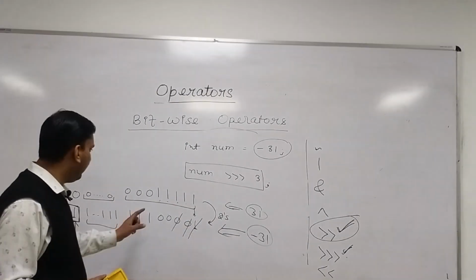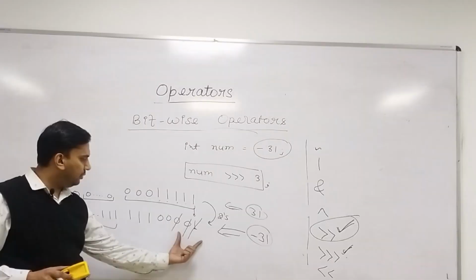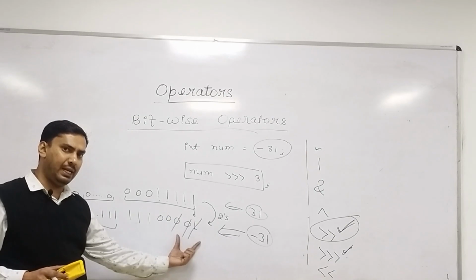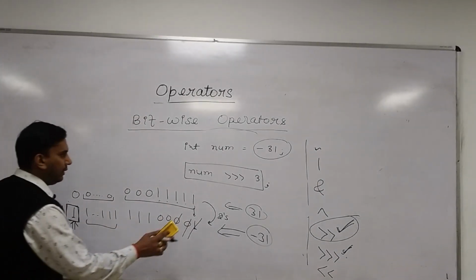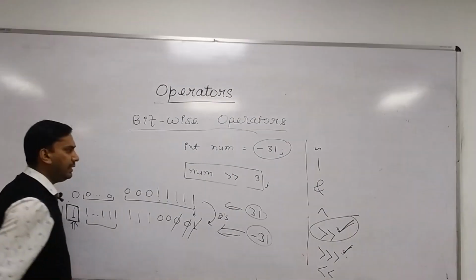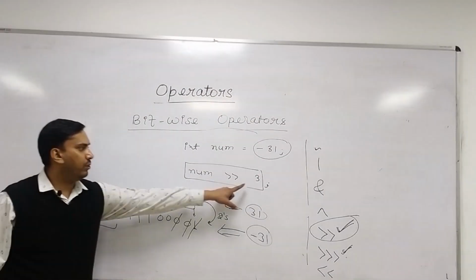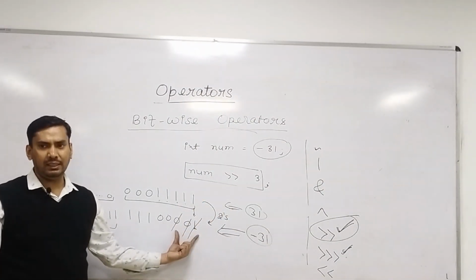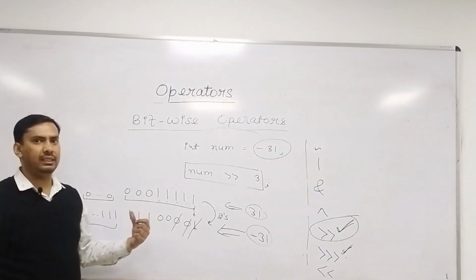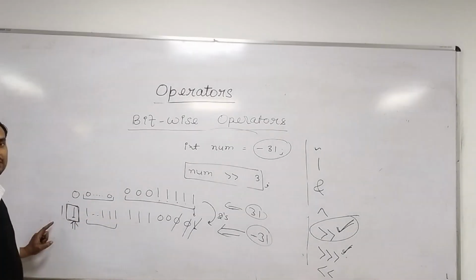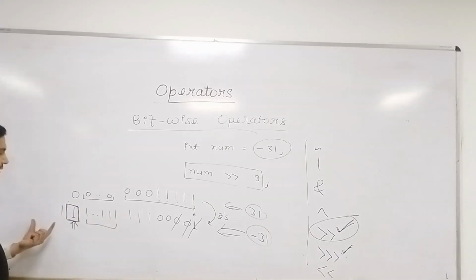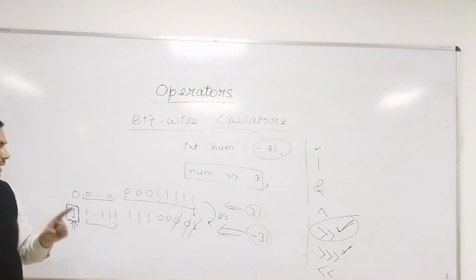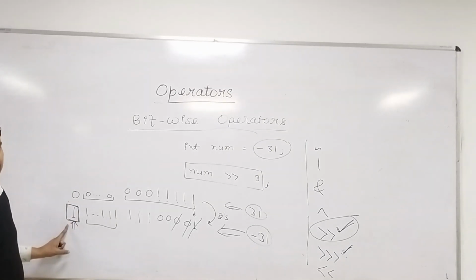You will be performing in the same manner, discarding that many bits from the right side, but while filling the bits, the signed right shift will say, okay, I will discard the 3 bits from the right side, and to compensate, we will fill the bits on the MSB positions. But what will that bit be? That will depend on the MSB, meaning the sign bit.